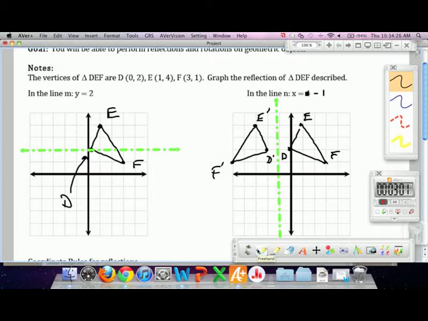So now we're going to reflect every coordinate. Okay, so where should D be reflected to? Yeah, it doesn't go anywhere. The image of D, D prime, is the same as D. How about E prime?